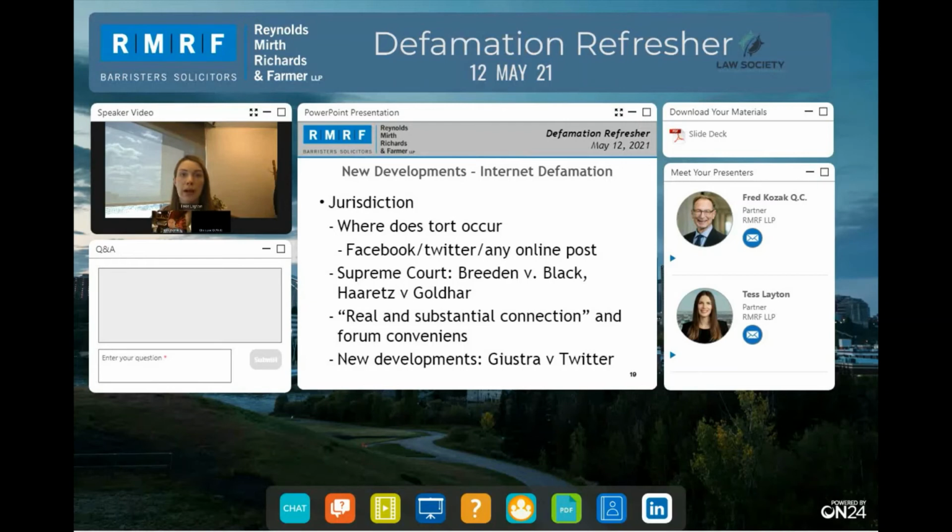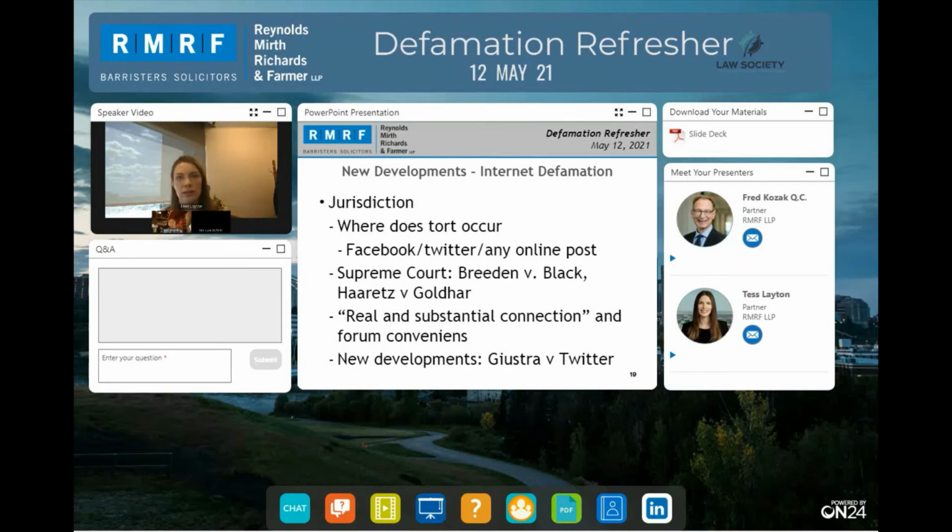Twitter then tried to rebut the presumption on the jurisdiction simpliciter test by saying that Twitter can't be expected to defend the defamation claims wherever users are located, because that would be very onerous. Tweets are published all around the world. And they also said, while Justra's main reputation is outside Canada, instead it's in California. So the court actually looked at the tweets and said, well, the subject matter of the tweets are not only related to the American reputation, but they're also related to his Canadian reputation.